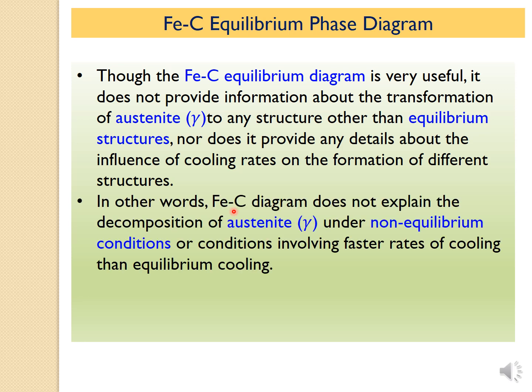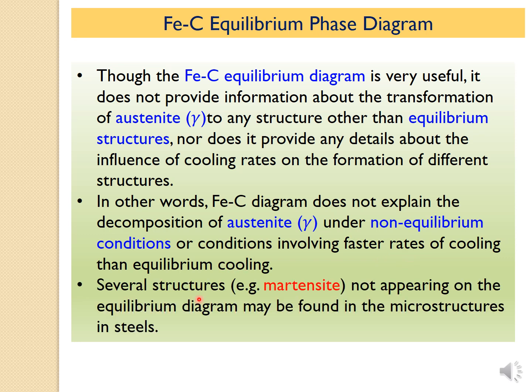In other words, this iron carbon diagram we learned from Chapter 9 does not explain the decomposition of austenite under non-equilibrium conditions, or conditions involving faster rates of cooling than the equilibrium cooling.